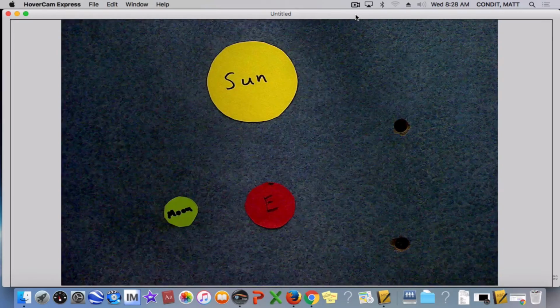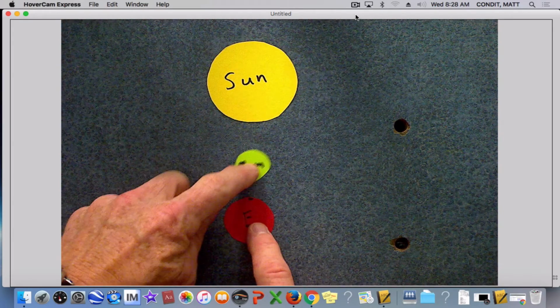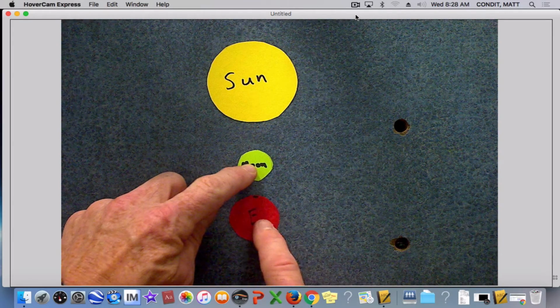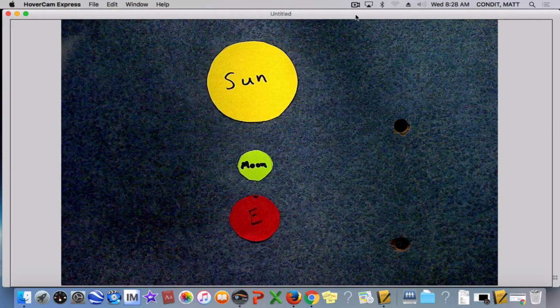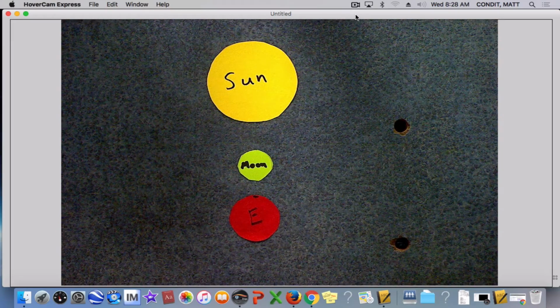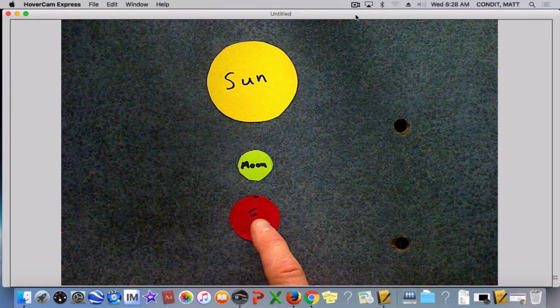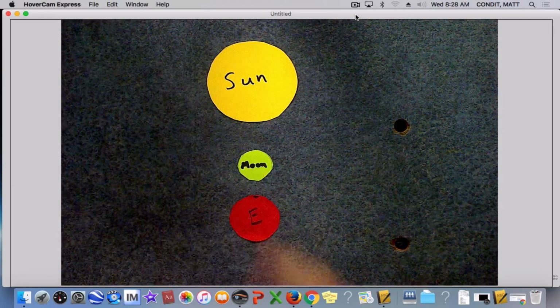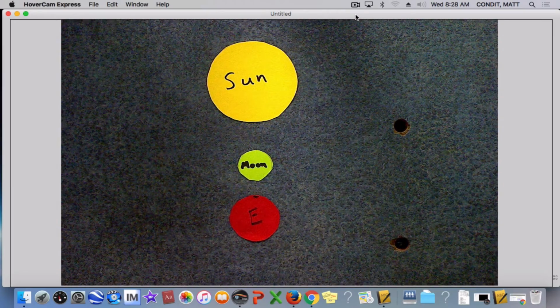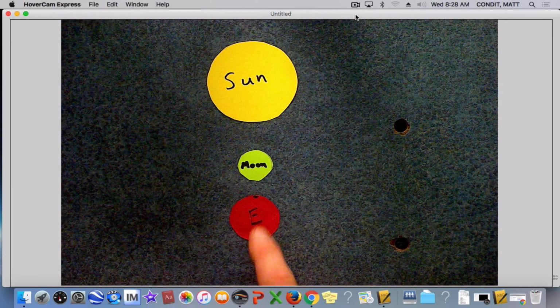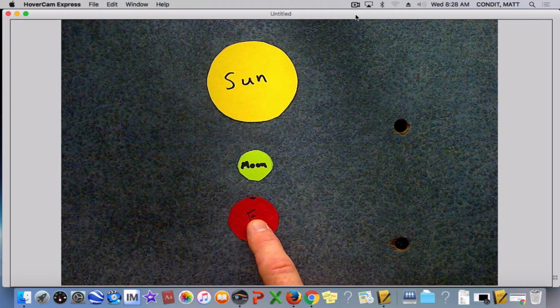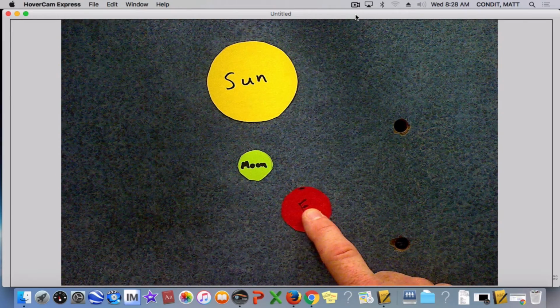Okay, let's just try one more. Let's go back to our original position. There we are. And now let's do one that's, say, a month later. After a month, remember we have 12 months in a year. So if you think of this like the face of a clock with numbers, although we're going to go counterclockwise, the Earth is going to move from the 6 o'clock position to the 5 o'clock position.